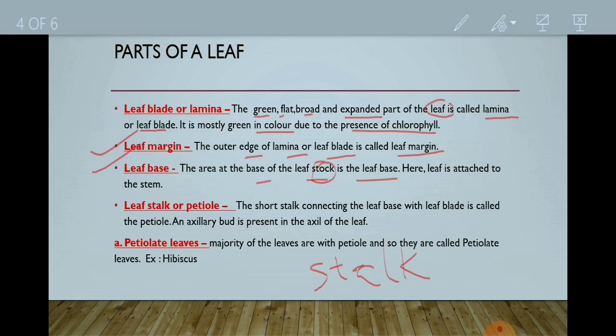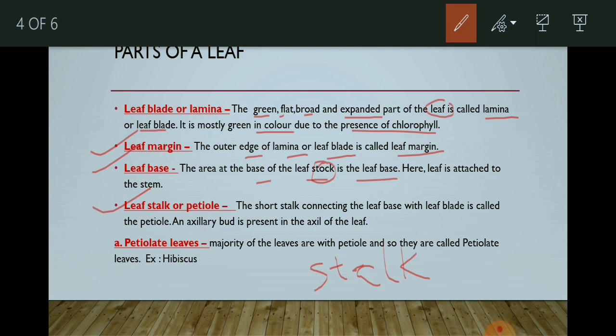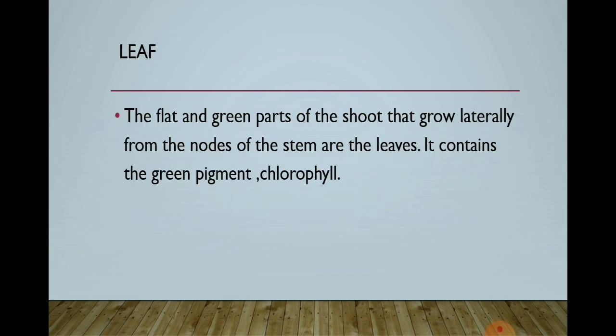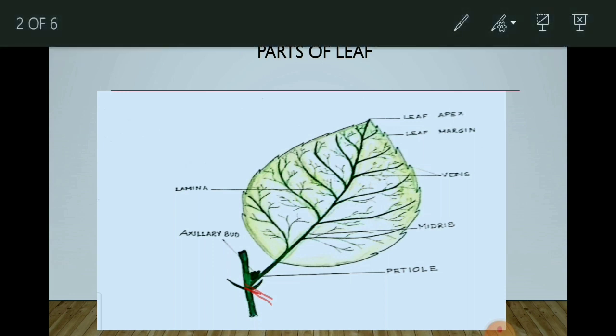Leaf stalk or petiole. So what is leaf stalk or petiole? The short stalk connecting the leaf base with the leaf blade is called the petiole, and an axillary bud is present in the axil of the leaf. So first let me tell you what is axillary bud. Axillary bud means a bud that develops in the axil of a leaf of a plant. Okay, let me discuss all this with the help of this diagram so that you can understand.